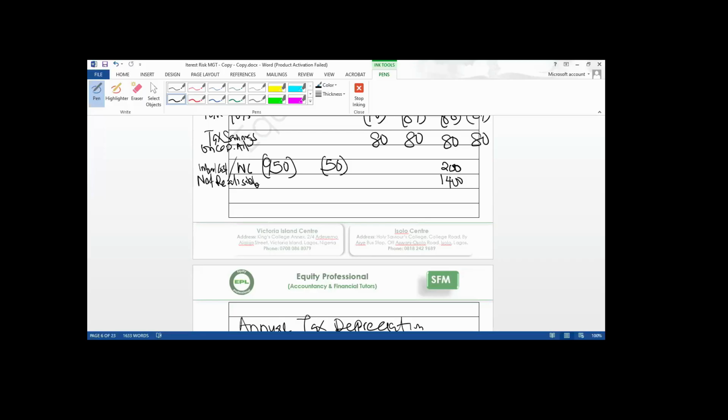That 1.4 billion will be subjected to tax. In other words, this 1.4, what is the tax effect?